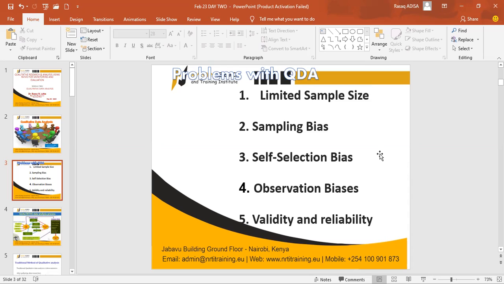Sampling bias is another problem usually identified with qualitative data analysis. And what is sampling bias? In the course of sampling, the qualitative researcher is given a kind of mandate, a kind of authority, to decide how to select the sample, which is purposive, to decide who to select.